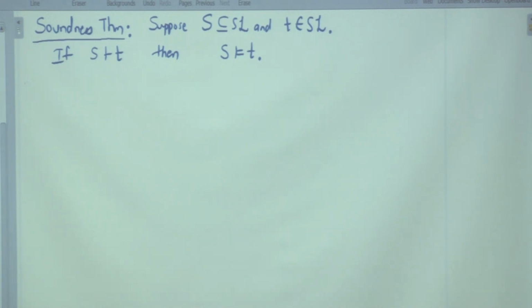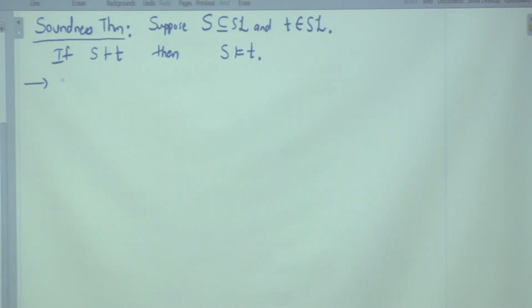What do we need to show here? Whenever there is a valuation V that makes capital S true, then the same valuation will also make small t true.